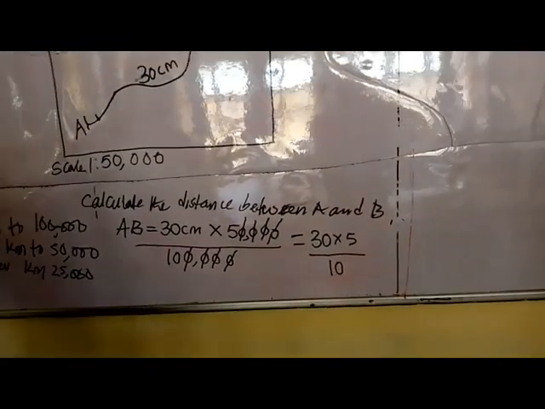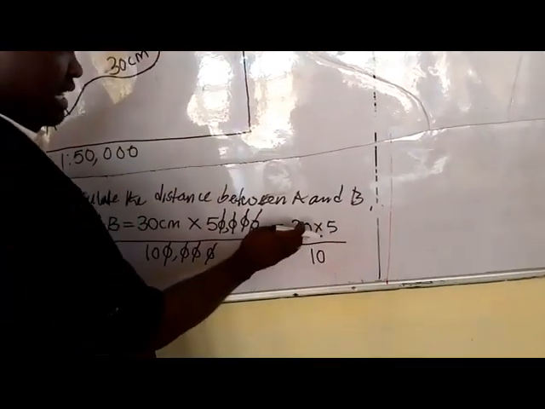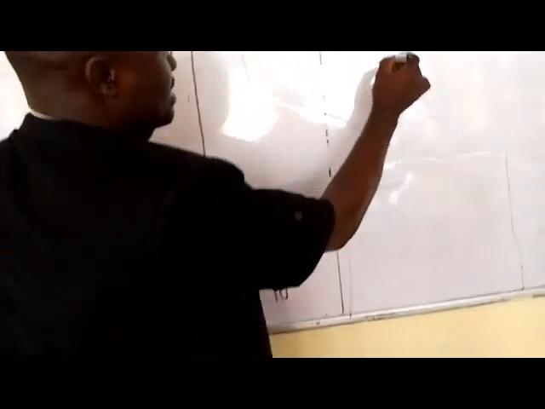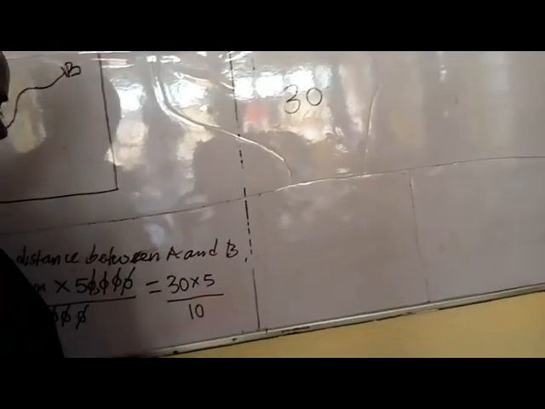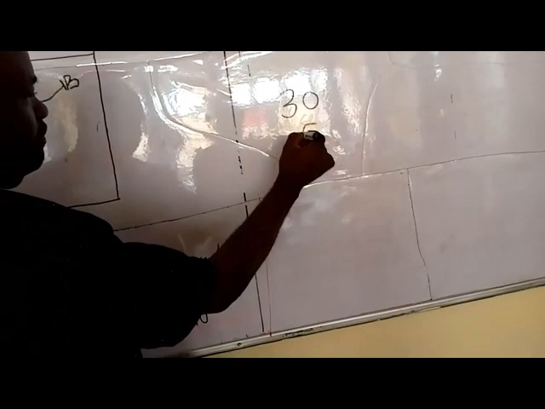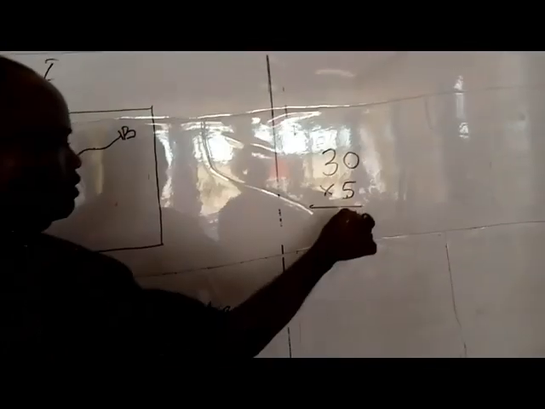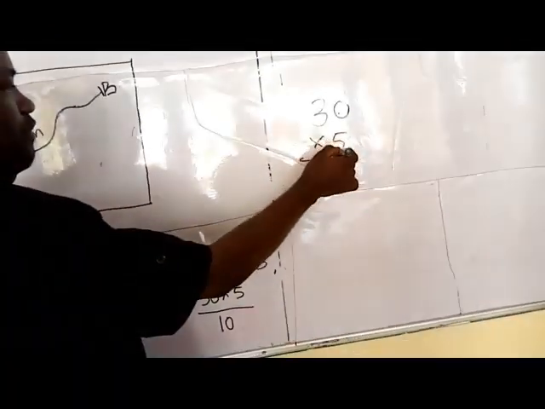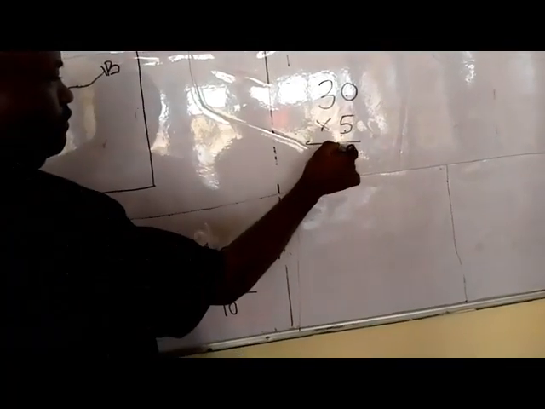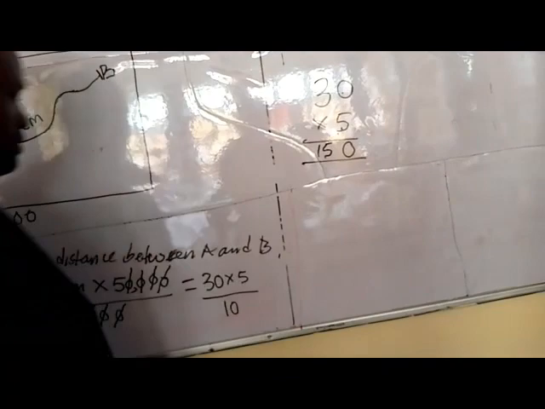Now, how do we do it? We do it this way. First and foremost, let's break it down to our own level of understanding. This is 30. This is 5. Now, 5 times 0, we have 0. 5 times 3, we have 15. Right?